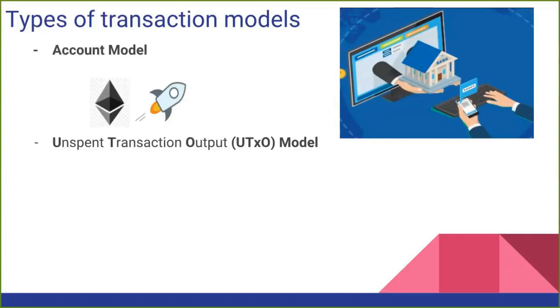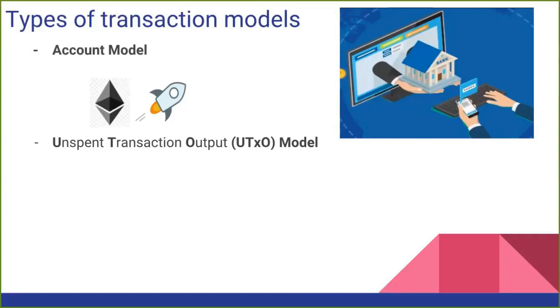Then there is the other model called unspent transaction output, the UTXO model. Some blockchains have adopted one model, other blockchains have adopted the other. Which model is better, and what are the advantages and disadvantages, is a different story.